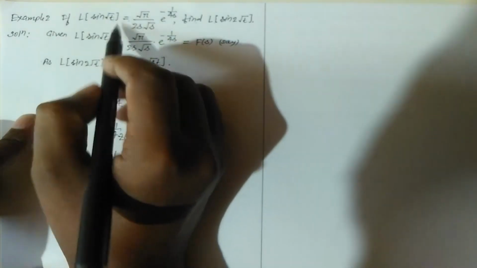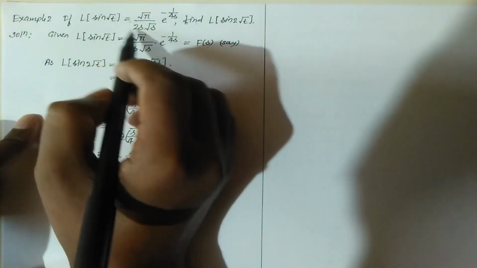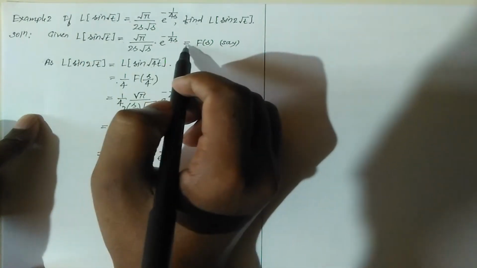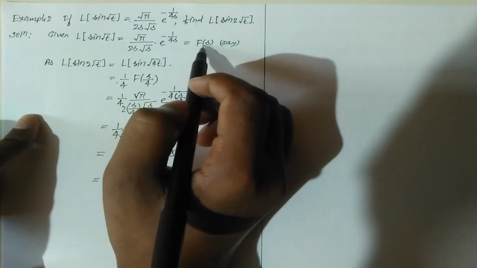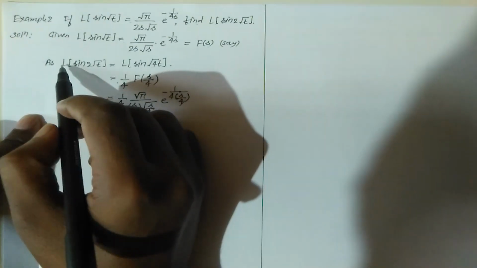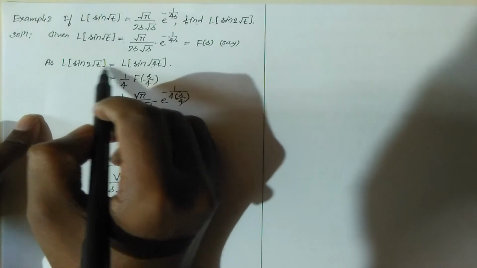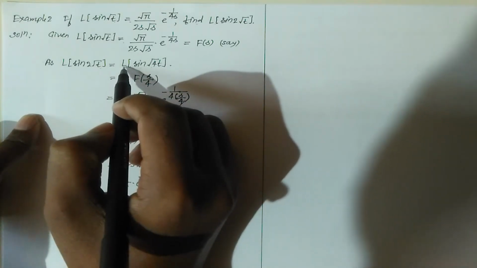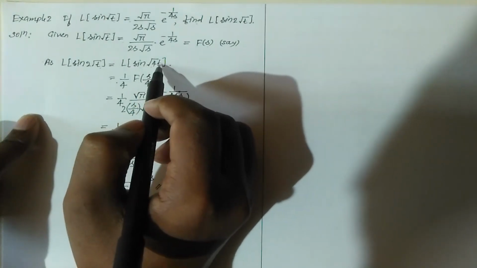We write the given Laplace transform of the function sin square root of t as it is, and this function is equal to F(s). Let us assume this function is equal to F(s). Then, as we know, Laplace transform of the function sin 2 square root of t can be written as Laplace transform of the function sin square root of 4t.